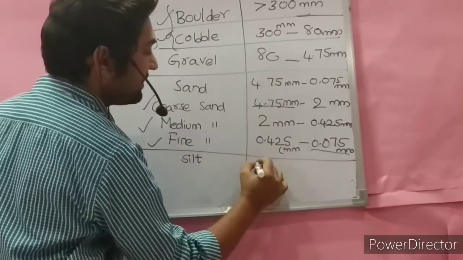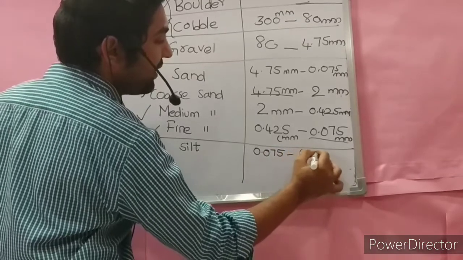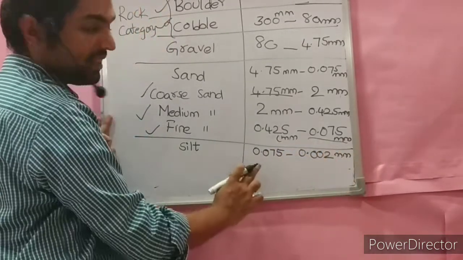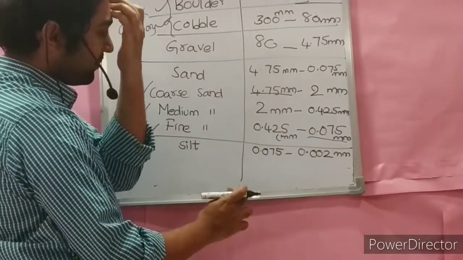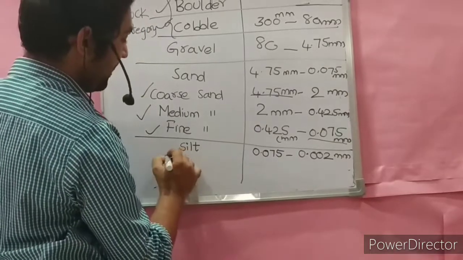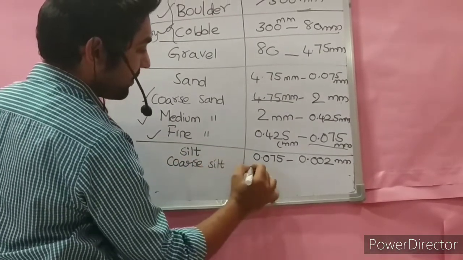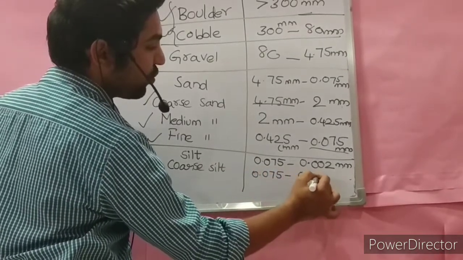Next, silt. Silt is having the size 0.075 mm to 0.002 mm. In this, again, coarse silt is 0.075 to 0.02.